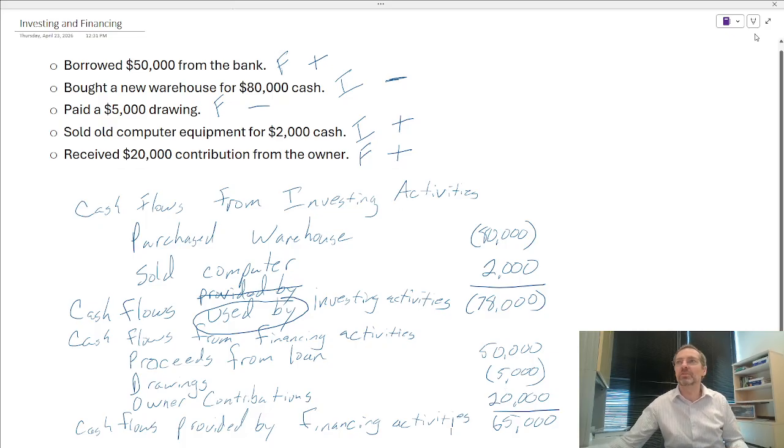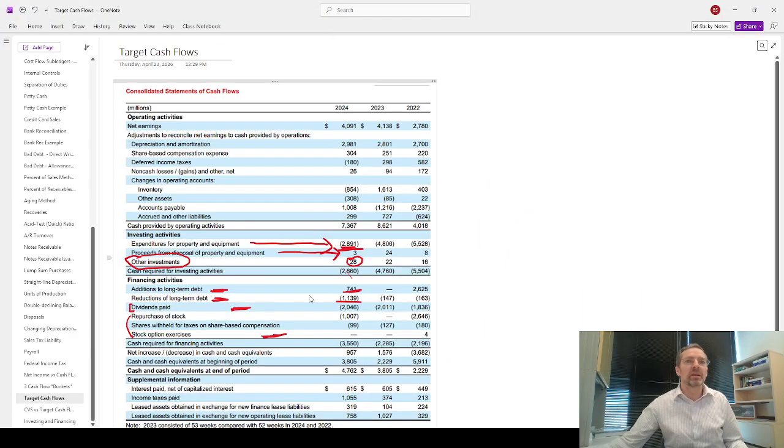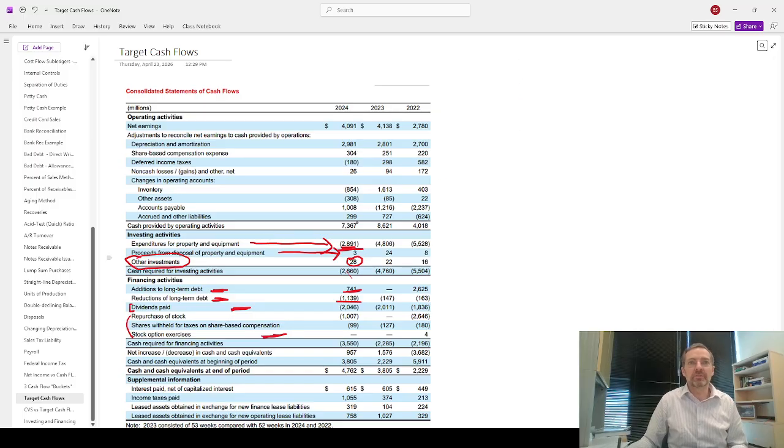Let's go back to the Target financial statements to see how they finish it up. Now, again, I said that for now, let's ignore the operating section and how that's put together. But notice we do have a subtotal for operating, a subtotal for investing, and a subtotal for financing.